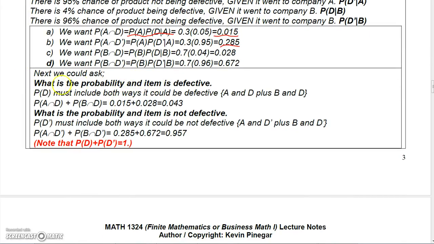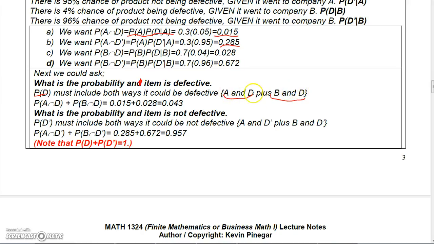Well, next we could ask, what is the probability that an item is defective? It should just say an item, not and. Well, the probability of D must include both ways it could be defective. So I have to figure out the probability of A and D and the probability of B and D, because this would be A and defective, and this would be B and defective.